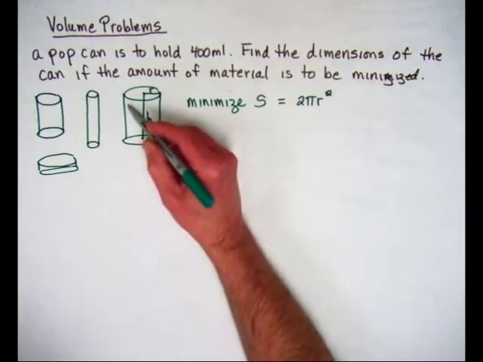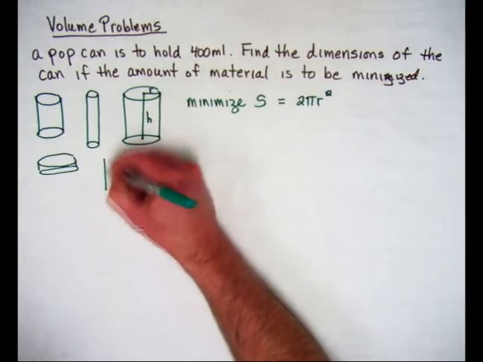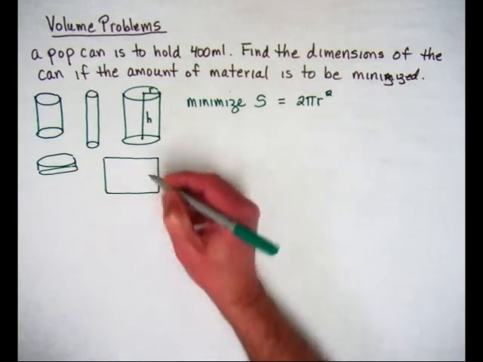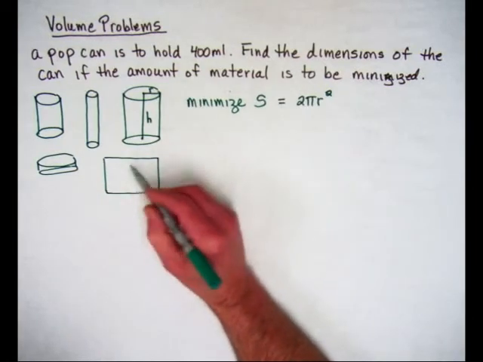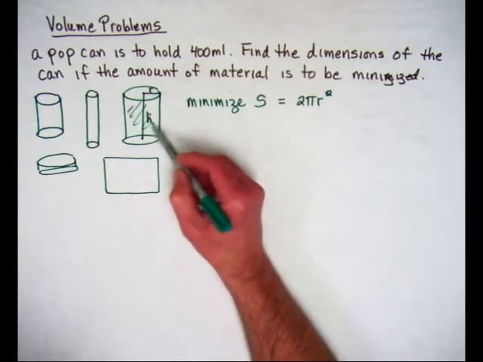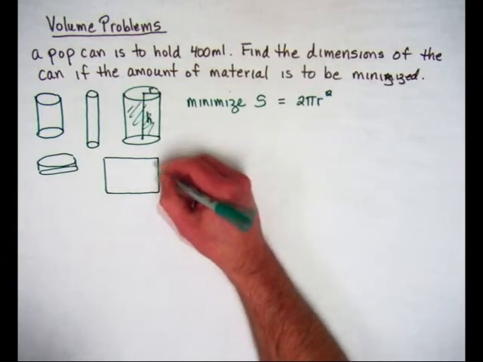Now if you actually sliced the can down the side and unfolded it, a can actually unfolds into a rectangle. You can imagine taking a sheet of aluminum like this and just rolling it up, and it would be in the shape of a cylinder. So the actual side of the can, if you unfold it, would be a rectangle.